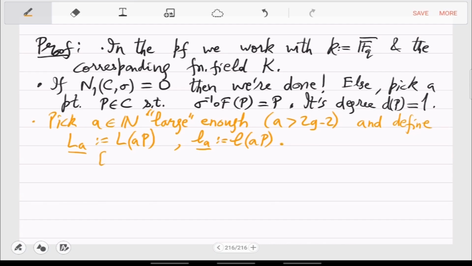So now Riemann-Roch tells you that since the degree is A, which is more than 2g minus 2, you have this exact formula, l_A is equal to A plus 1 minus g.